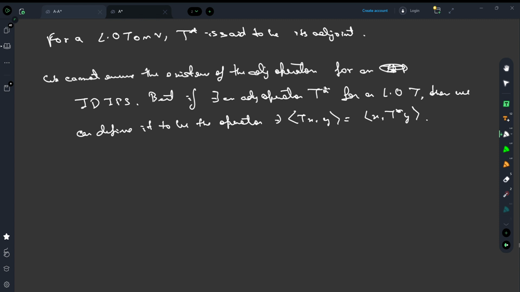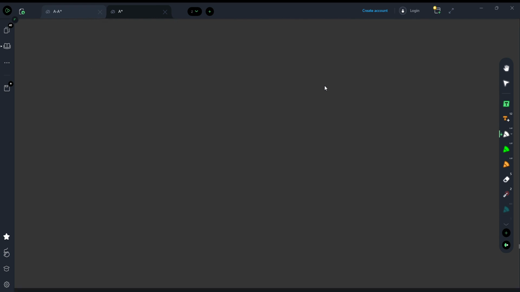So if it exists, then it surely should obey this condition, and that's where the definition comes from for infinite dimensional inner product spaces. Okay, I guess this part is clear.